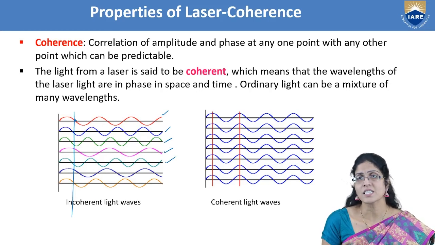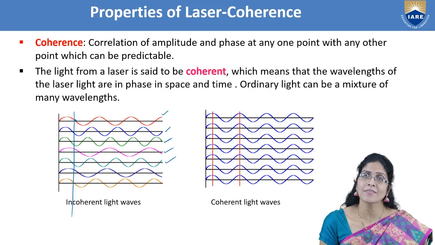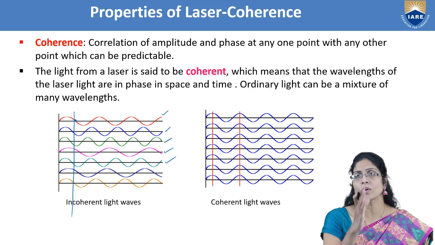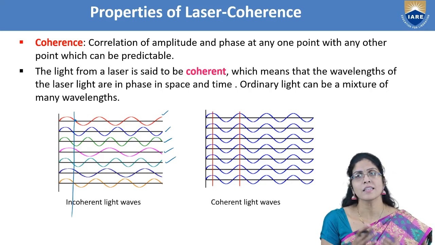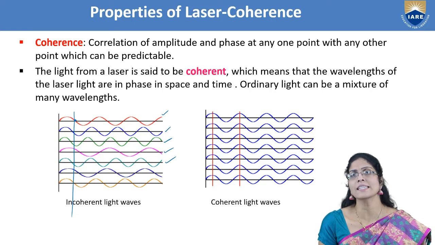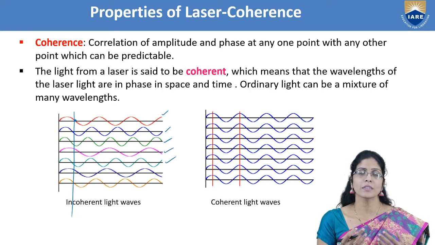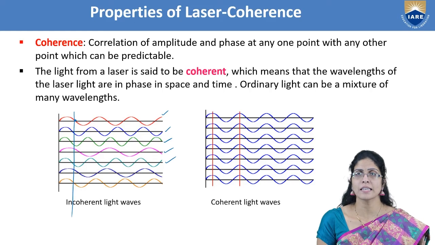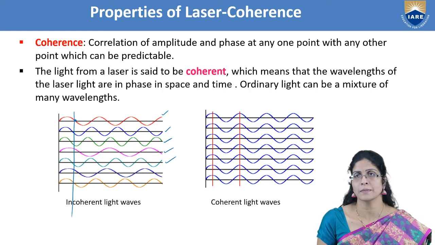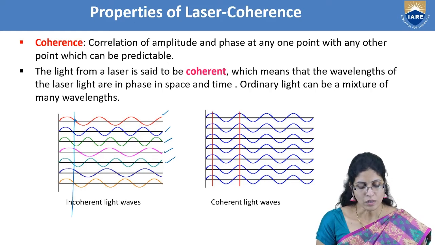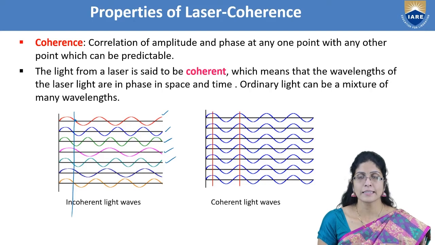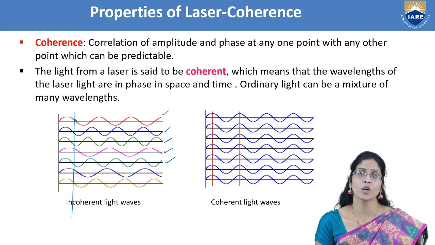So it's not a shift, but the wave train itself is like that. But when you correlate one with another, there is no coincidence. That means the crest of one is somewhere with the trough of another, so you cannot say that these light waves are coherent.